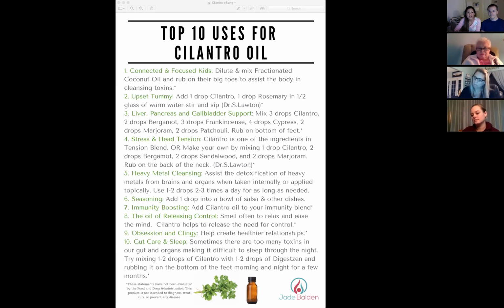The very first thing, I'm very passionate about children, especially children with connected and focused concerns. I would use this on their big toes. Cilantro and clove were the oils that one of my friends was using on her son.